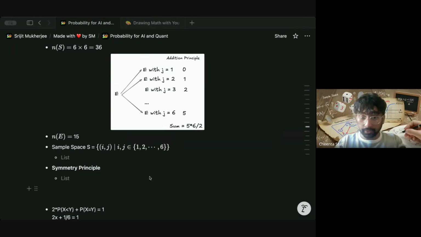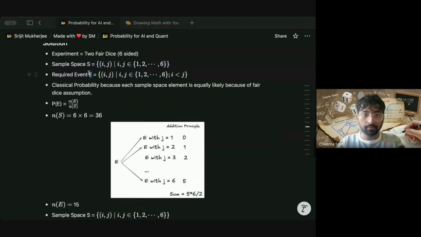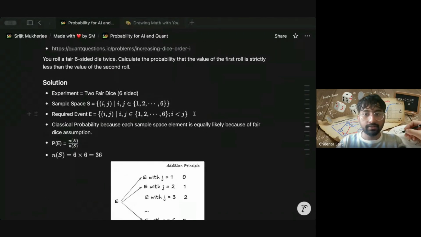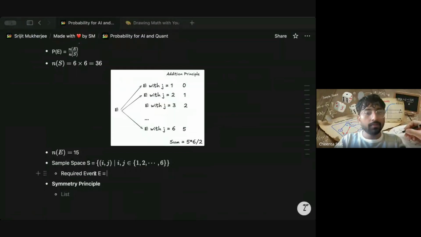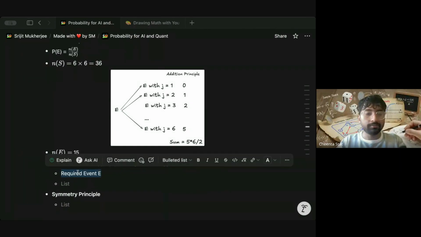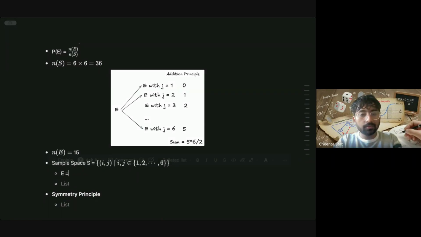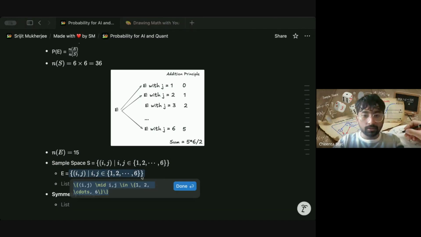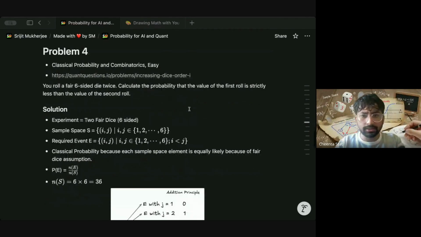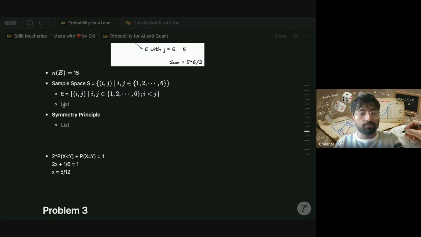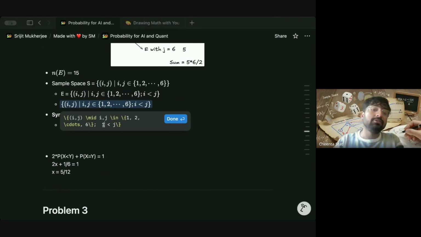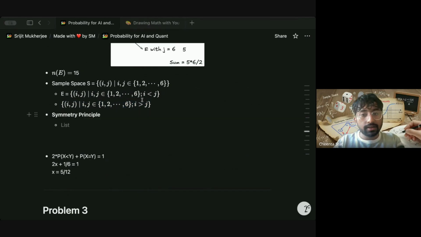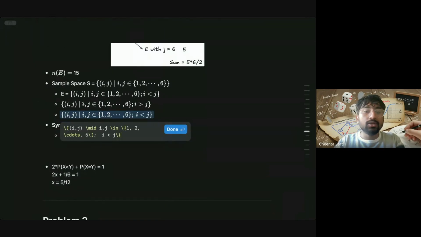The first way is this E, the required event E. And the next one, with the given condition that I is strictly less than J. The next one is I greater than J, and the third is I equal to J, right?